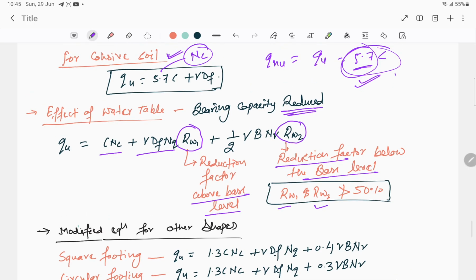Okay, so this is the footing, and the width is B. So when the water table is in this zone, there are so many conditions, three conditions. When the water table is below the footing and below the depth equal to the base of the footing; second, when it is at the base of the footing; third, when it is between ground level and just above the footing; and when the water table is at ground level, in that case the value is equal to 0.5.